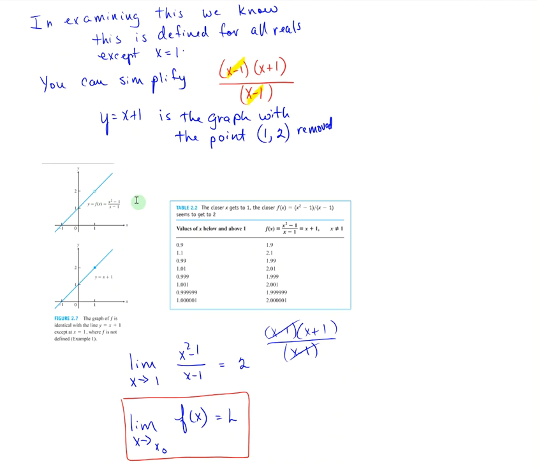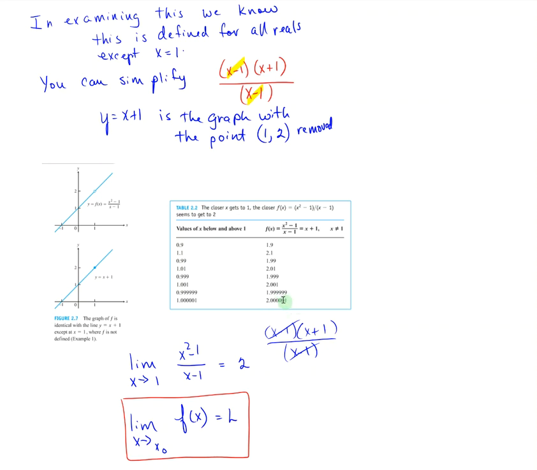But you can figure out what it is getting close to. In this little chart here, the closer x gets to 1, coming in on either side, what are we getting close to on the y side? We're getting close to 2.